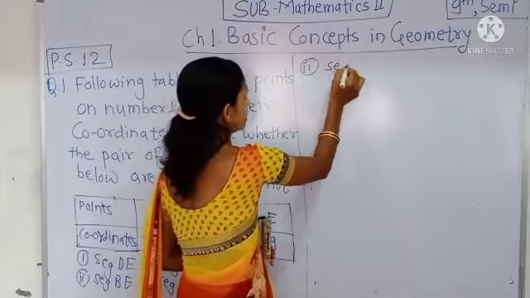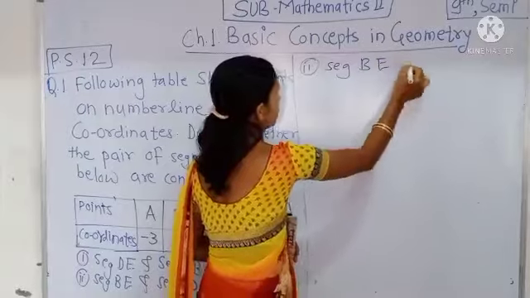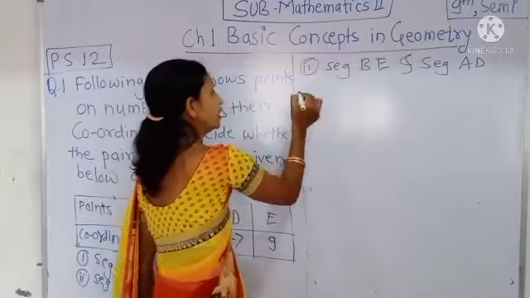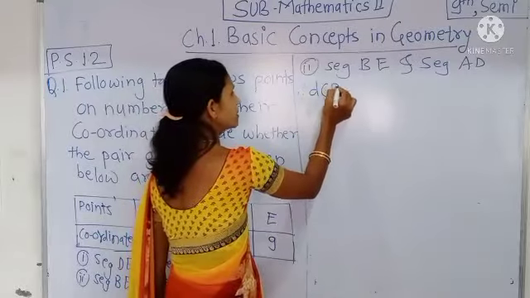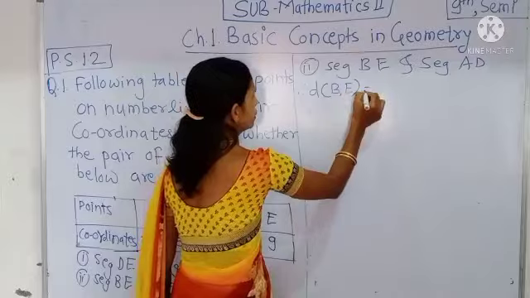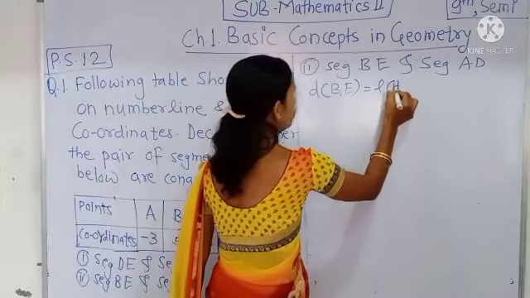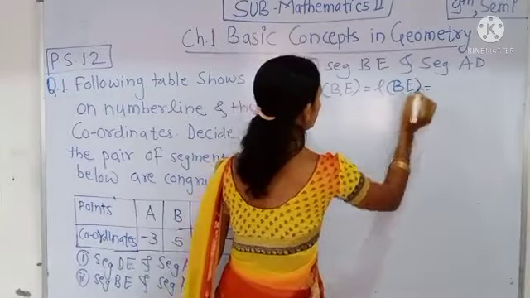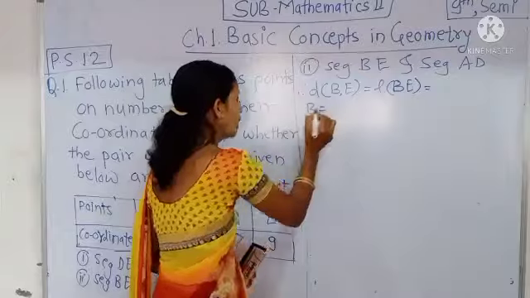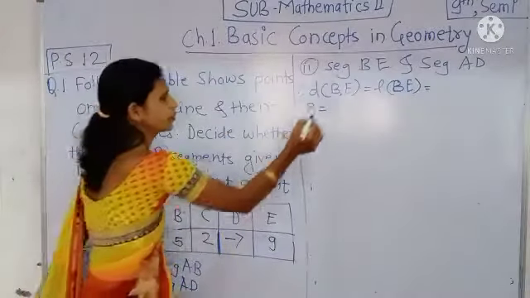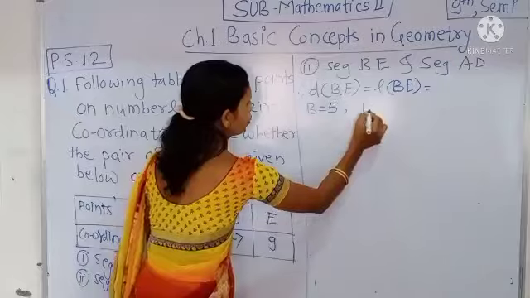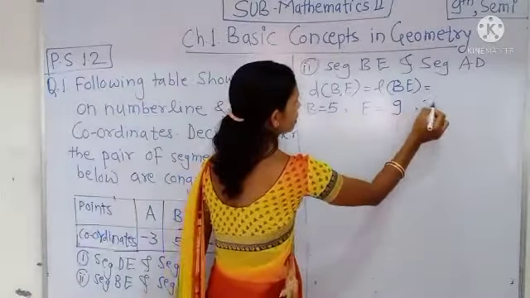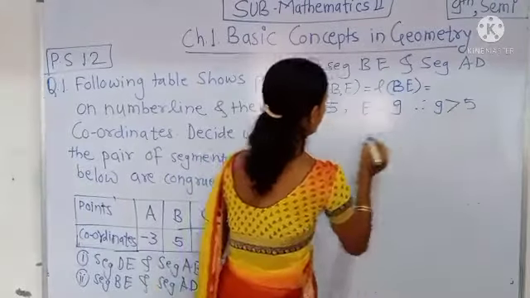Second one, that is segment BE and segment AD. Then we have to find the distance between B and E point, that is the length of BE. See here, coordinate of B is 5 and coordinate of E is 9, and 9 is greater than 5.